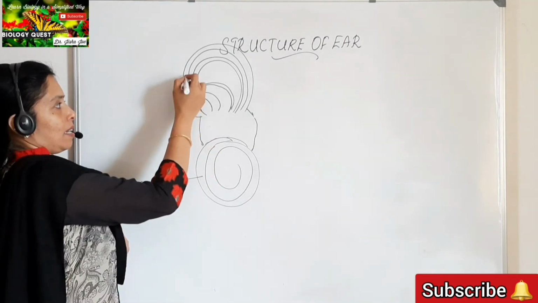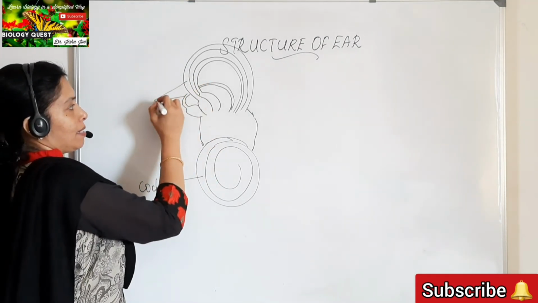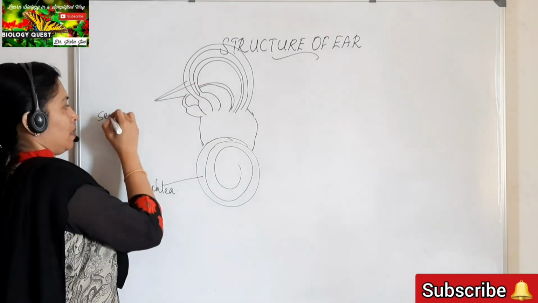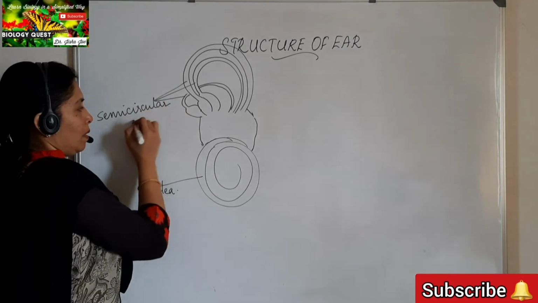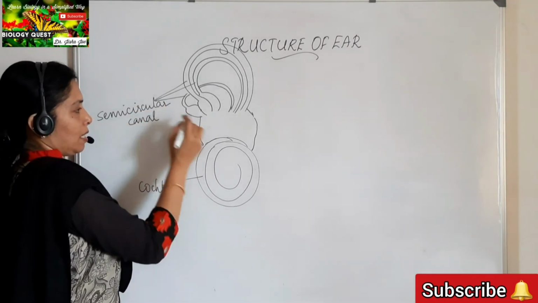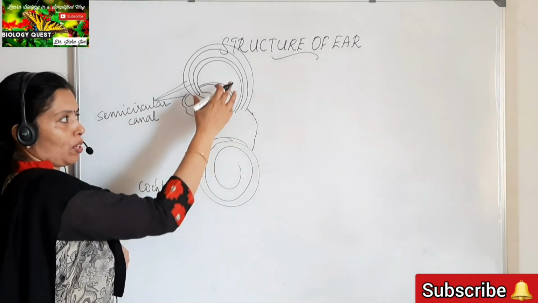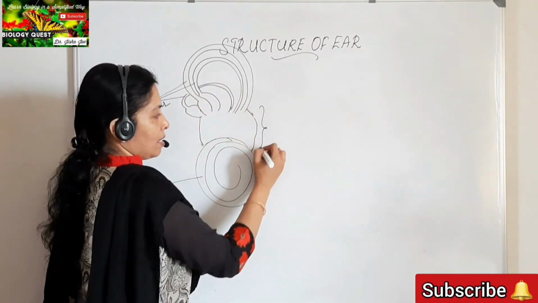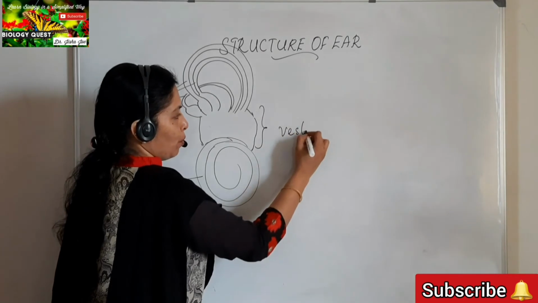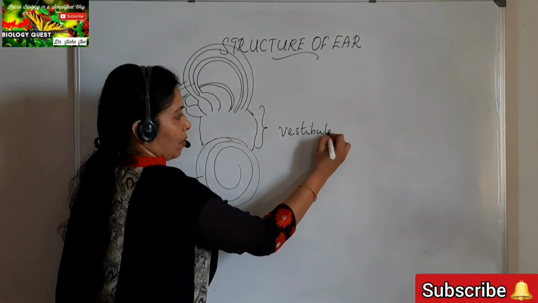You can see these are the three semicircular canals there. You can see a region here like a stem which joins the semicircular canal with the cochlea. This region is called the vestibule.